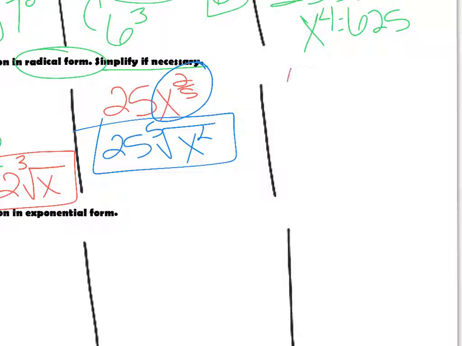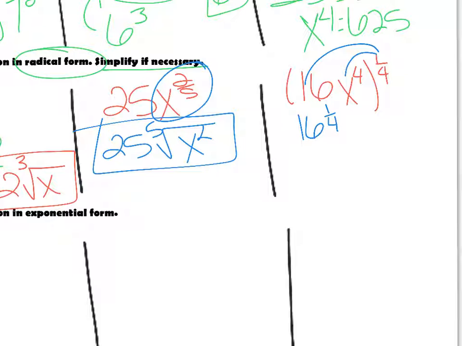Okay, if I try 16x to the 4th to the 1/4. Kind of like the first one, we're going to distribute that 1/4 because they're actually in the parentheses. So we're going to do 16 to the 1/4.